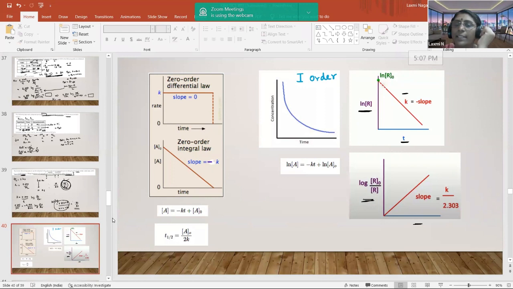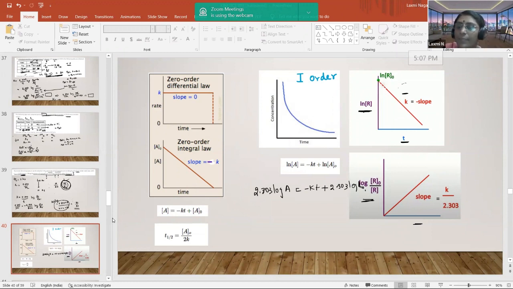Okay, one another thing is, this is for a first order reaction. Let me take this expression. What is the other form of it? Is it not 2.303 log of a is equal to minus kt plus 2.303 log of a naught?